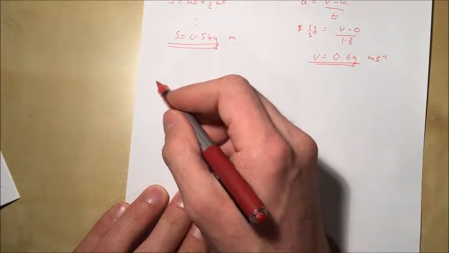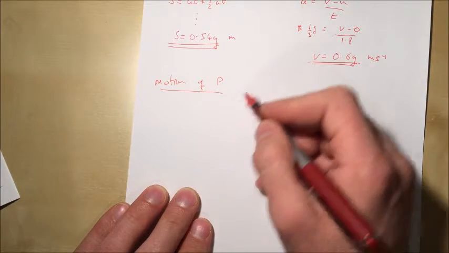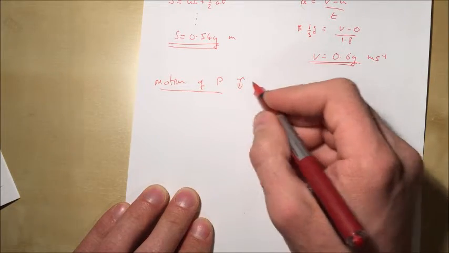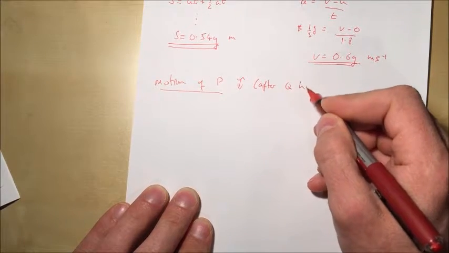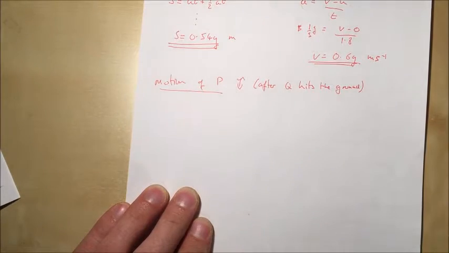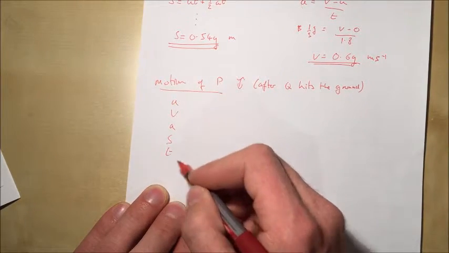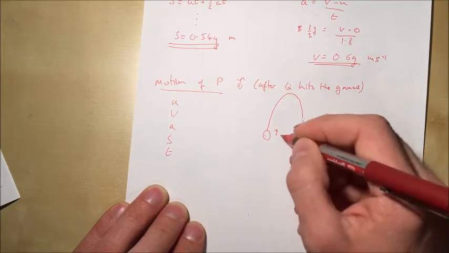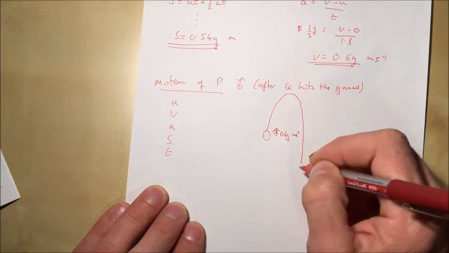So, motion of P vertically, and this is after Q hits the ground. What have we got? We've got U, V, A, S, and T. Here's P. It starts off with a velocity of 0.6 G meters per second.